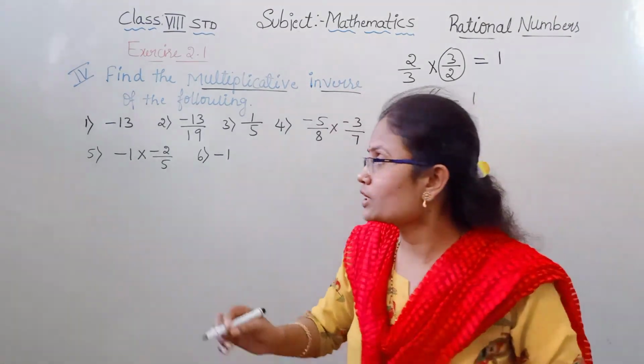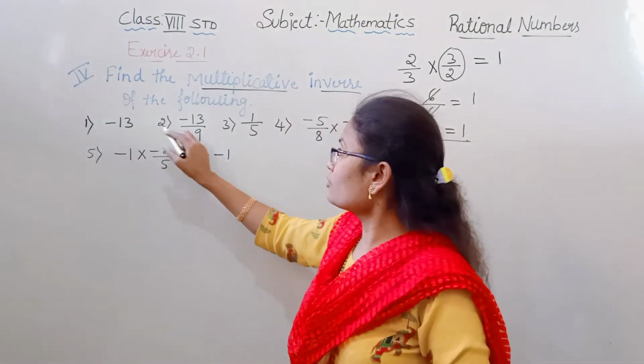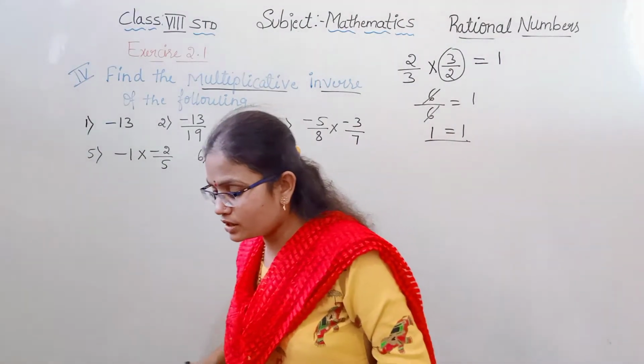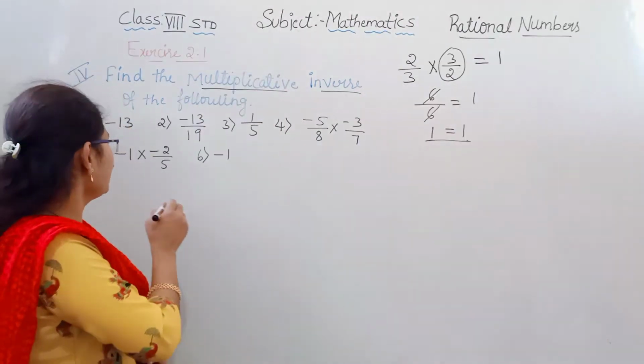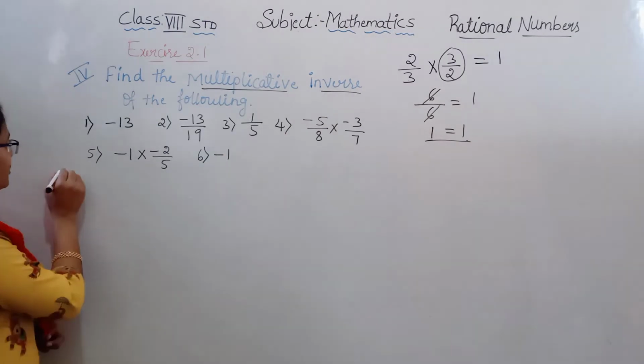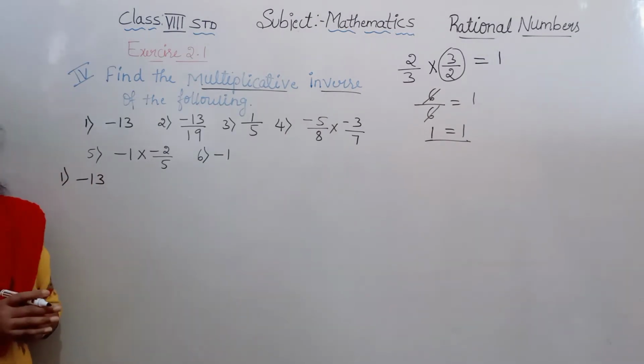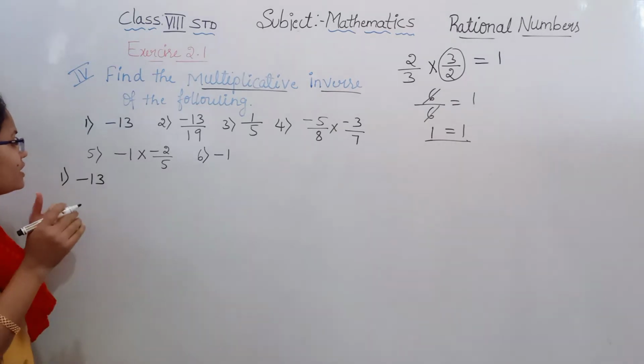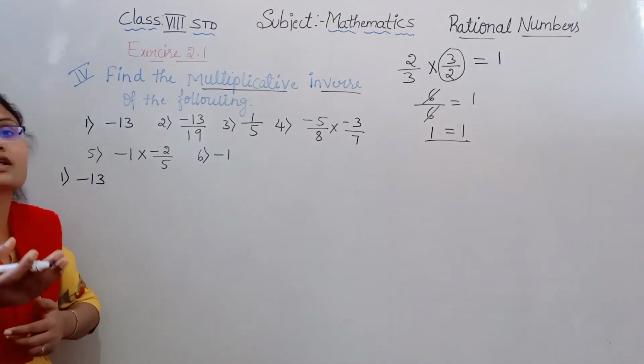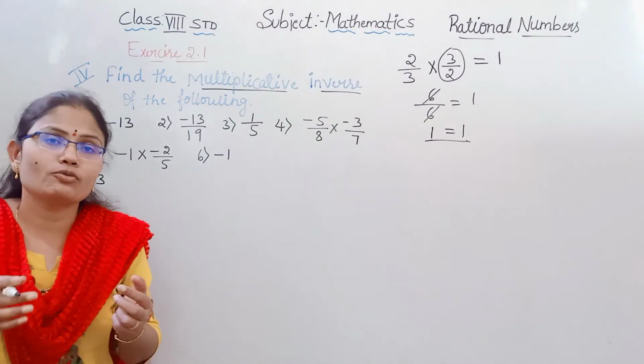Now we have to find out the multiplicative inverse of these given numbers. In the first one, they have given minus 13. Here the sign will not interchange, only the number will interchange, numerator to denominator and denominator to numerator.